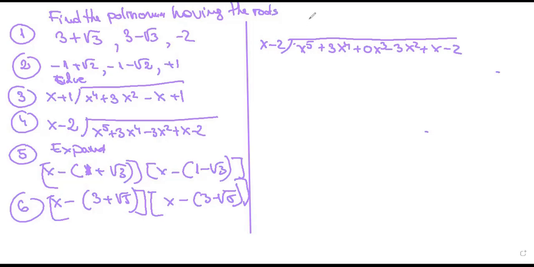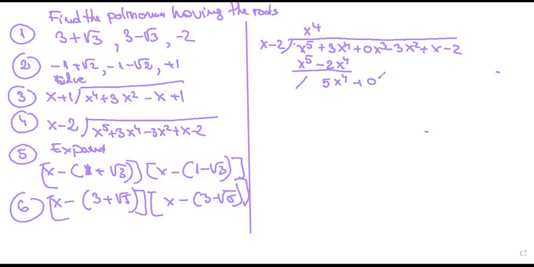Okay. So x to the 5 divided by x is x to the 4. And then times x is x to the 5. X to the 4 times minus 2 is minus 2x to the 4. X to the 5 cancel out, and you're left with 5x to the 4.